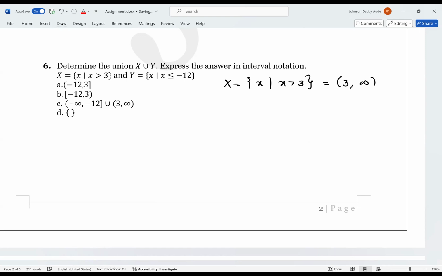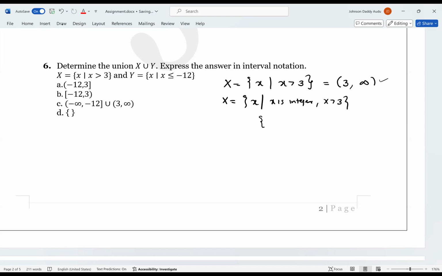You see? But now let me write this and say like this. Let me say this is X, and I'll say X is an integer, and X is greater than 3. You see that these two sets are not the same thing. This one is an interval. It's an infinite set, but this one is also an infinite set. But in this case, what do you start from?